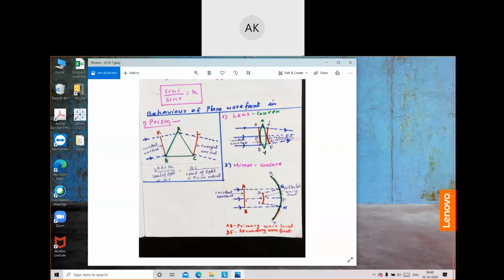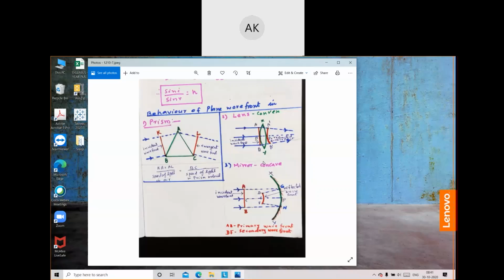But they will be equal. KA plus AL by speed of light in air is equal to BC by speed of light in prism. That way it travels. So this is the new wavefront obtained. You can't draw this parallel to this because here it travels more distance. Like that only you can draw.